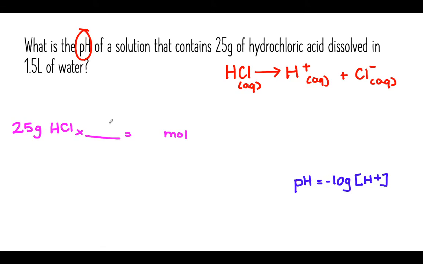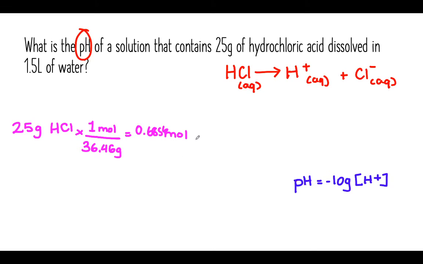For every 1 mole of HCl, it weighs 36.46 grams. In my calculator, I do 25 divided by 36.46, and this gives me 0.6856. I'm just going to write this number down on the PowerPoint, but in my calculator, I'm going to keep the full number so that I can use it in further calculations without rounding.